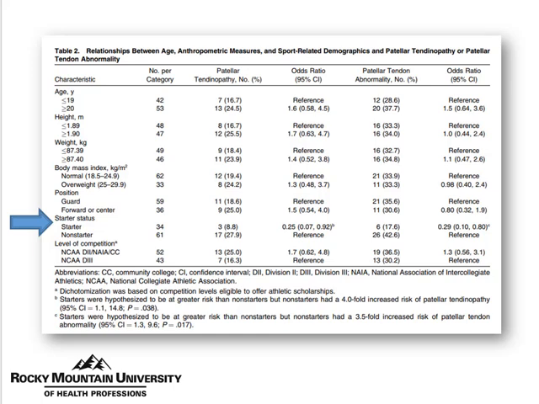One characteristic was significant. Non-starters had a greater odds of having patellar tendinopathy or patellar tendon abnormality. That really is kind of interesting. You might think starters playing more, but really everybody plays about the same because they're all practicing. Starters are the ones that get to play more in the game.